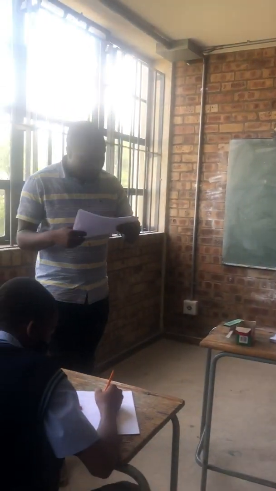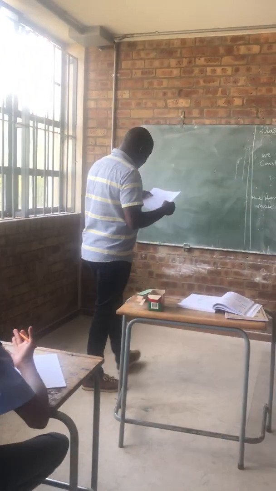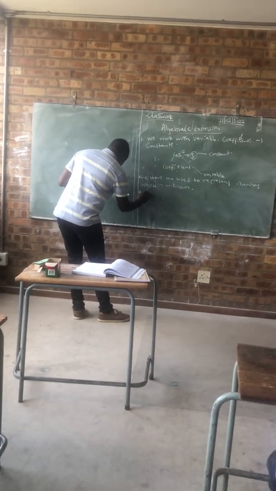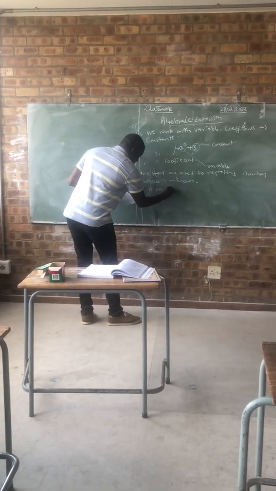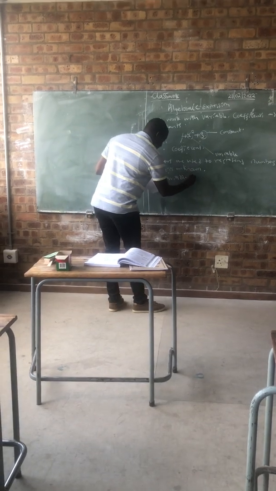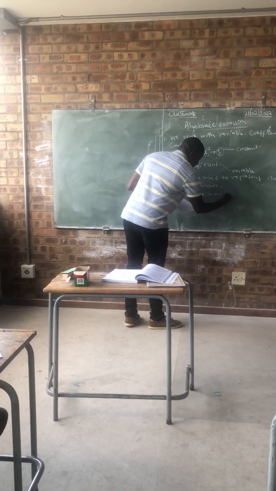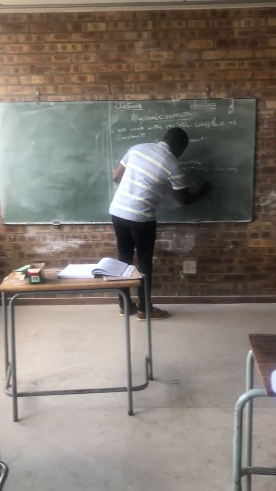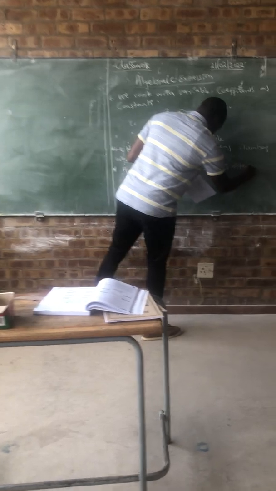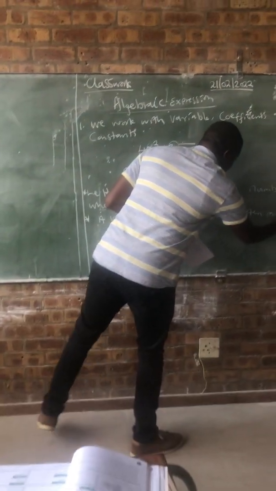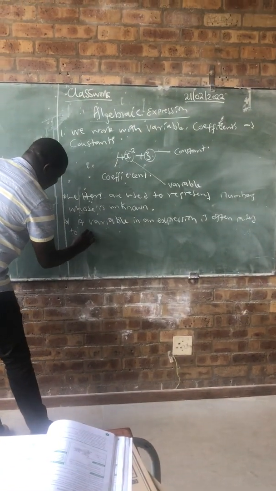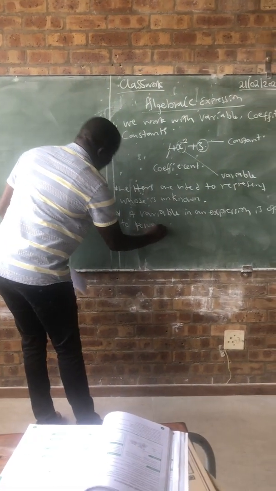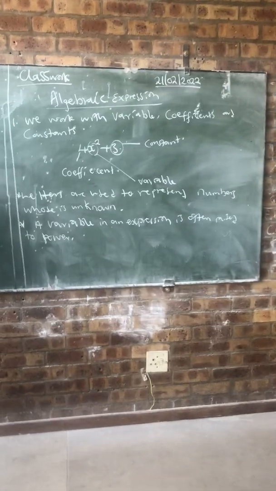And the other thing is that letters, a variable in an expression, is often raised to a power. The one that is raised to a power, we refer to as the variable.